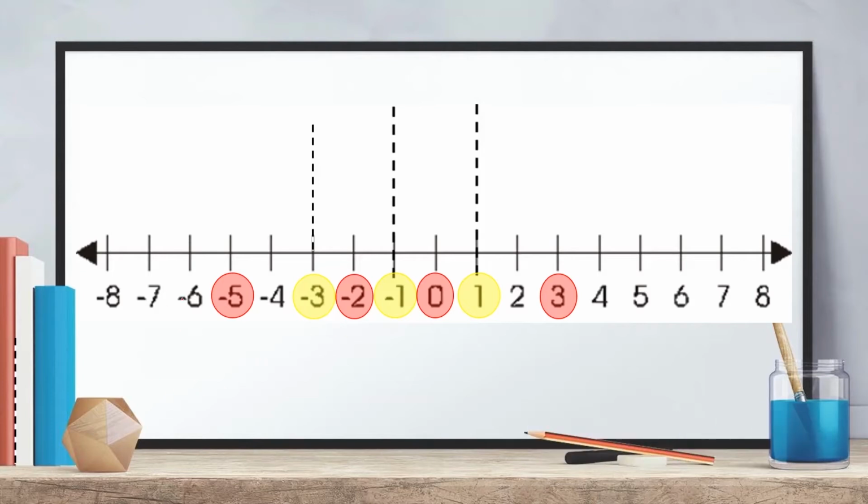On this interval, our rational inequality became false when x equals -5. On this interval, our inequality became true when x equals -2. On this interval, our inequality became false. And finally, on this interval, our inequality became true.